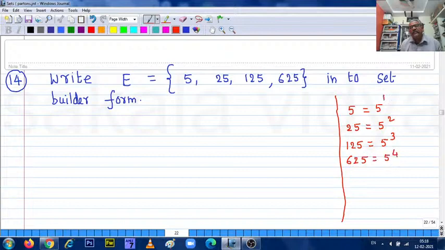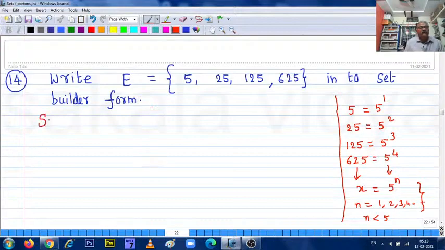So 5 we can write as 5 to the power of 1. So generally you say this is x, equal to 5 to the power of something, say n, but n is what? N is equal to 1, 2, 3, 4, natural number. And also what is the condition? N must be less than 5. So using these 3 key points, we need to express this one into the set builder form.